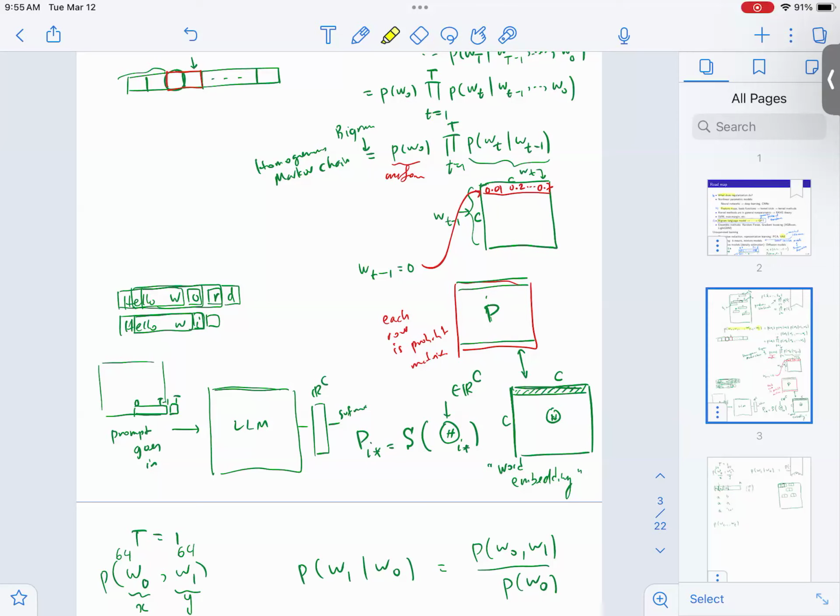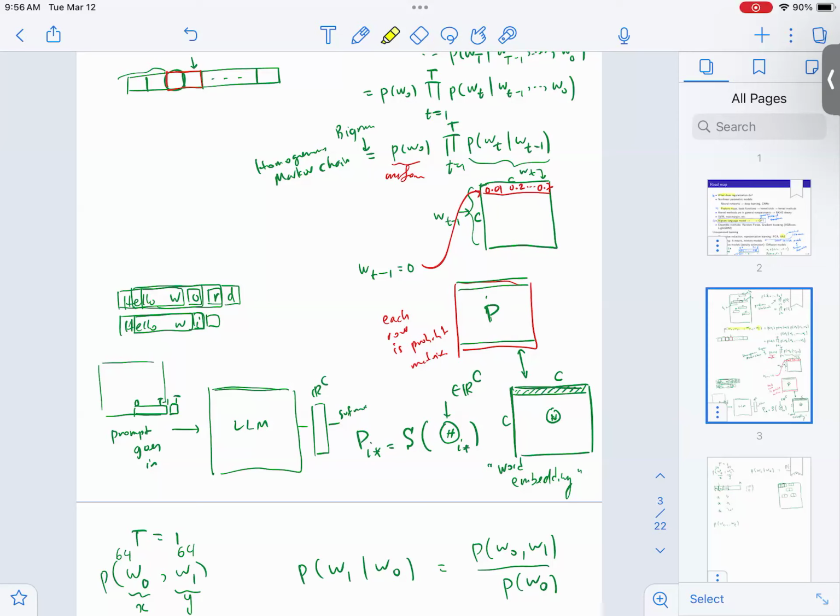So instead of working with probabilities, which are not easy to work with, since they have to sum to 1 and be non-negative, I'm going to work with a linear real vector. Any real-valued vector, let's say in R^C, can be turned into a probability vector by applying softmax.